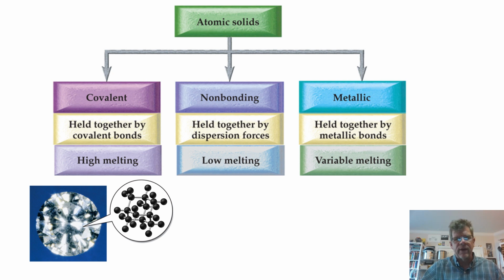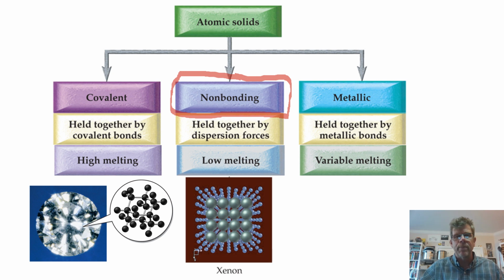By comparison, next door, we have our non-bonding atomic solids. So these are still elements, but normally they don't have any chemical bonds holding them together. An example of this would be solid xenon. Now, xenon is one of our noble gases.